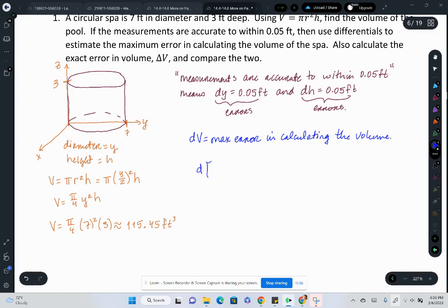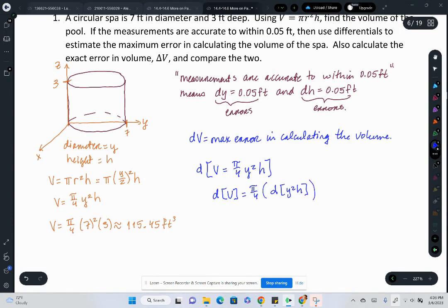So that means we need to come up with a function for dV. So we're going to take little d of v equals pi over 4 y squared h. Little d is going to run through, and it's going to take derivatives. So we get d of v equals, and now I've got pi over 4, so I can pull that out. And inside now I have d of y squared h.